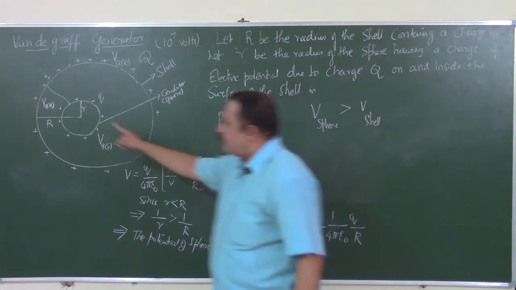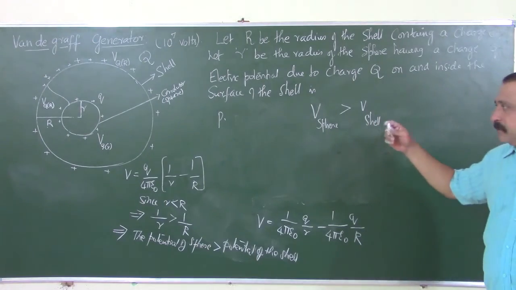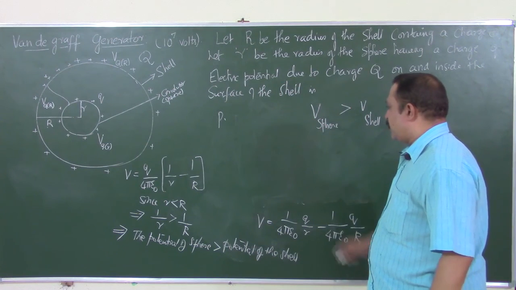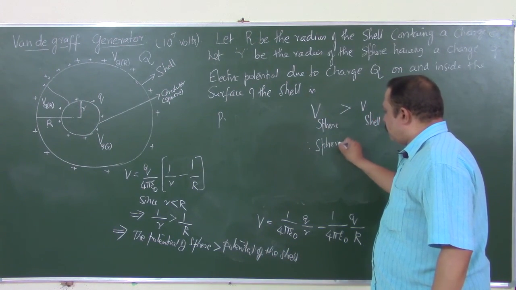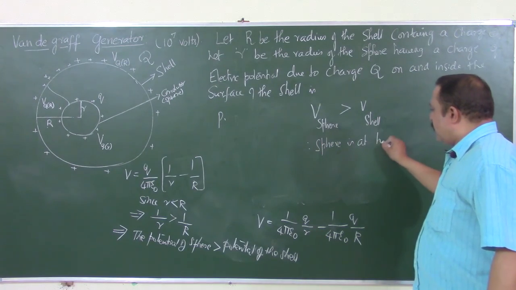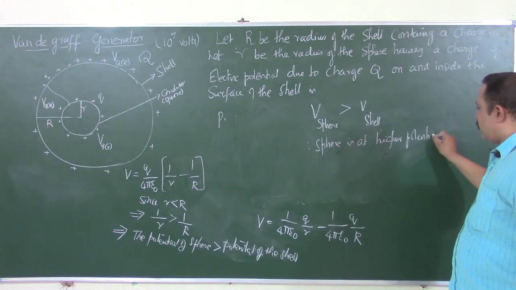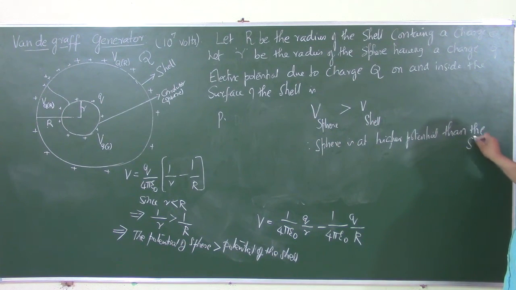So, when these two are brought into contact, obviously charges will have to flow from the region of higher potential to the region of lower potential. Therefore, the sphere is at higher potential than the shell.